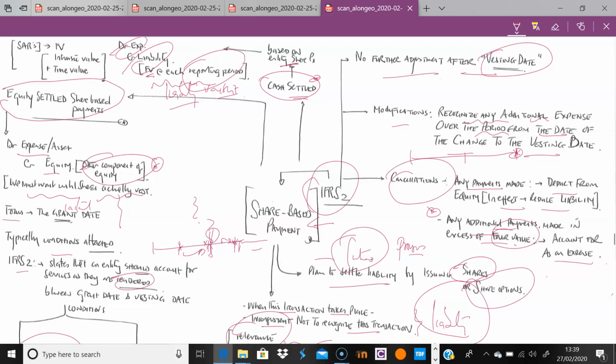Now, post the vesting date, owners of these shares may hold on to the share, and in effect, when you now pay out post the reporting period, we focus on the intrinsic value, or the actual real value of the share now that they have it, not the market value. So someone's currently holding a share for £1, the market value is £8, the intrinsic value is £7 to him.